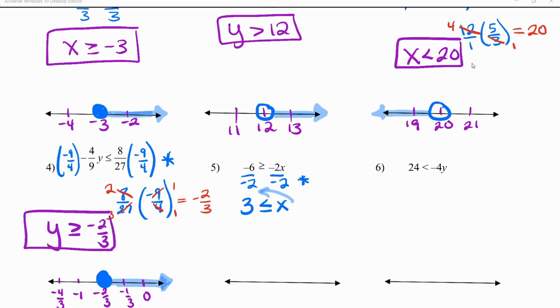X is greater than or equal to 3. So it would be closed at 3 and shaded to the right for greater than.